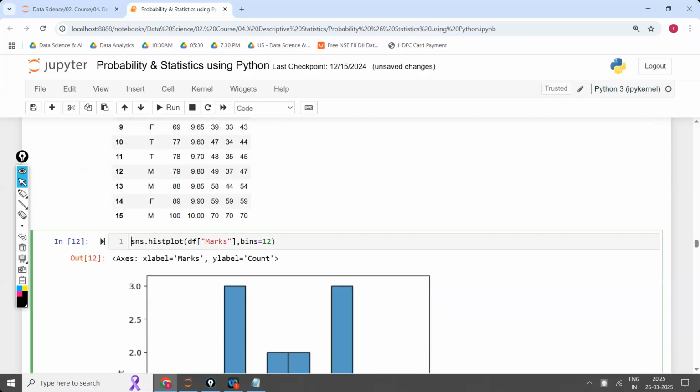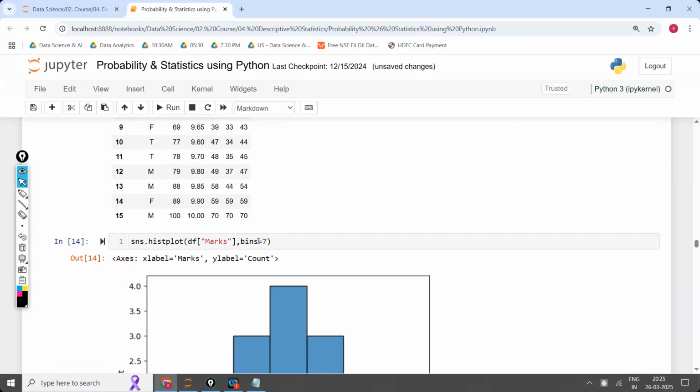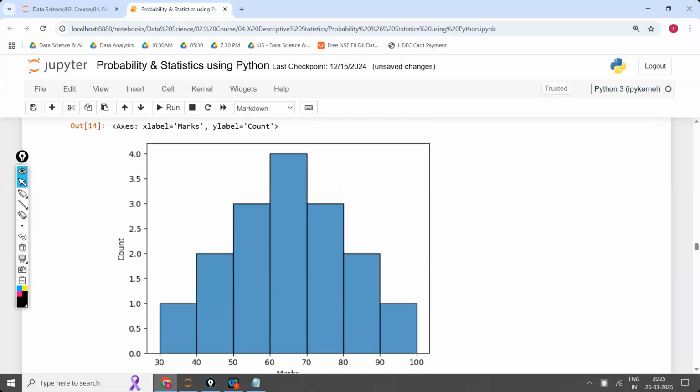So, since I have written 7 here, if number of bins is 7, automatically the interval size will become 10 as per the formula. Every time are you going to take 7 only? No, it depends on the minimum value and maximum value also. You have to check the minimum value and maximum value.